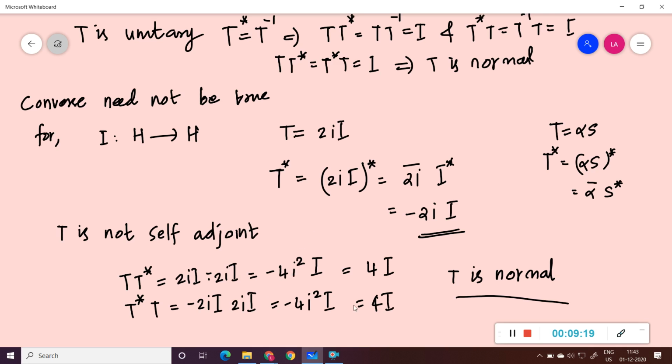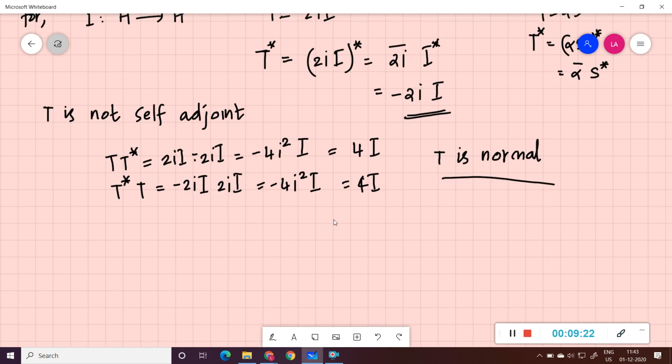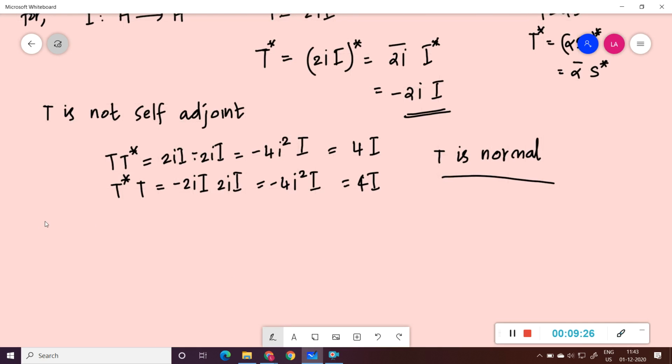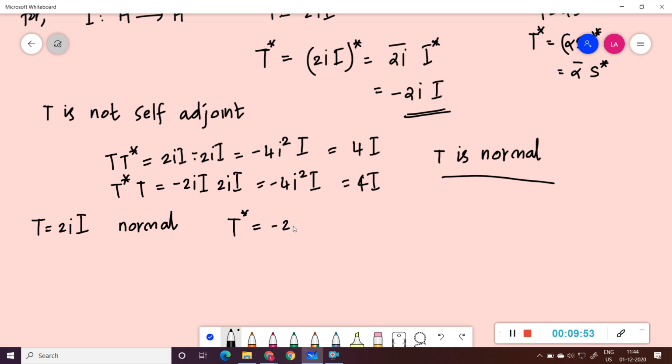The same example can be used to establish that every normal operator need not be unitary. So this operator, which is defined as T equal to 2i I, where I is the identity operator, is normal. We have already established that. And T star, we have already proved, is minus 2i I, and T inverse is 2i I inverse. We know that the inverse of the identity operator is the identity operator itself.